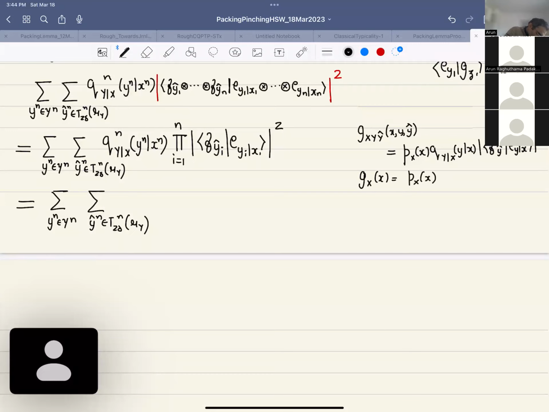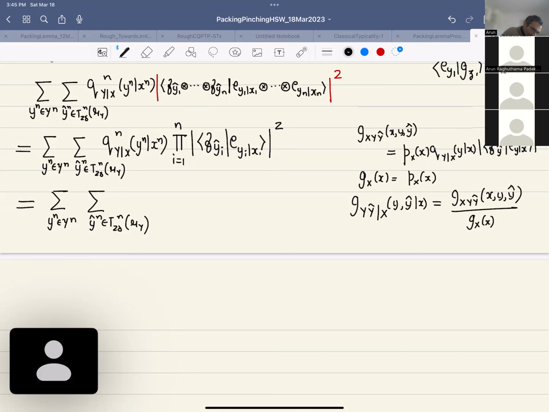So that means g y hat given x of y comma y hat given x, at any point, if it's not clear, just stop it, is g x y hat of x comma y hat divided by gx of x.